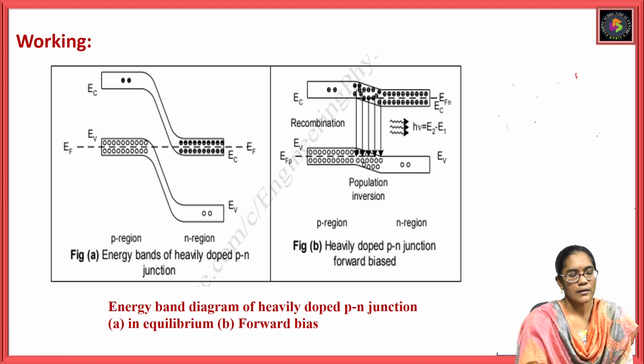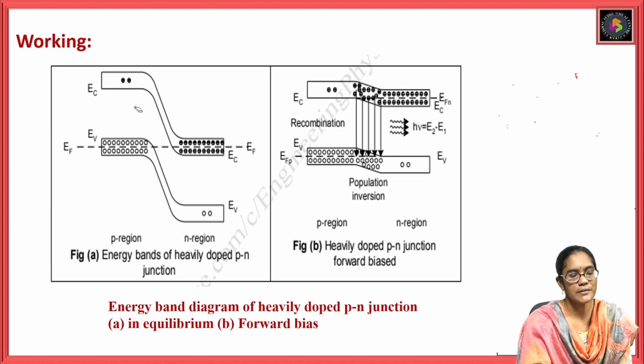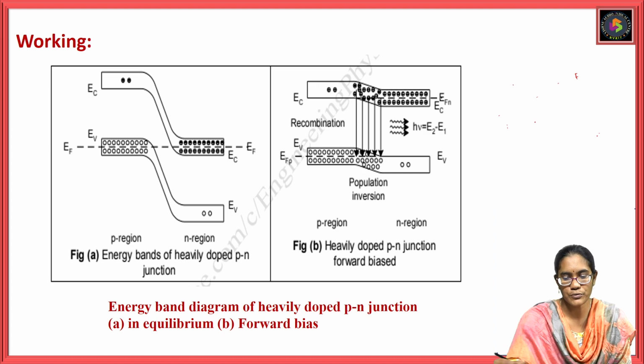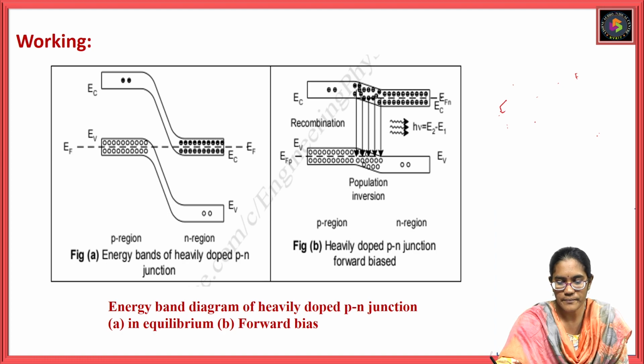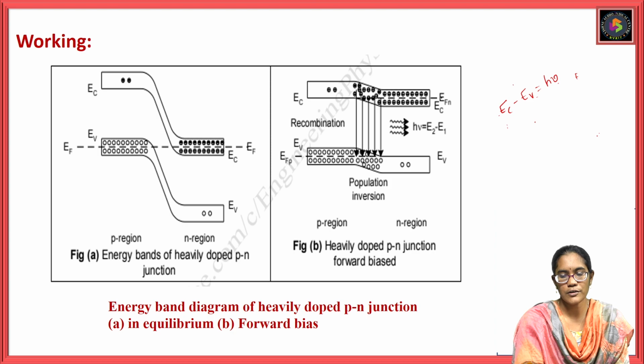Whenever an electron makes a transition from conduction band to valency band, it emits radiation. That radiation is equal to EC minus EV, which is equal to a photon of energy hν. So EC minus EV is equal to hν, the emitted radiation, which is the difference between the conduction band and valency band.